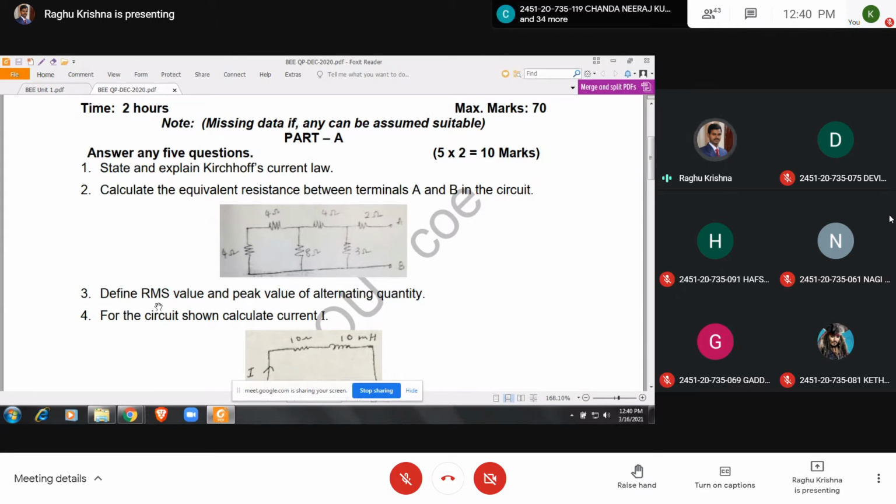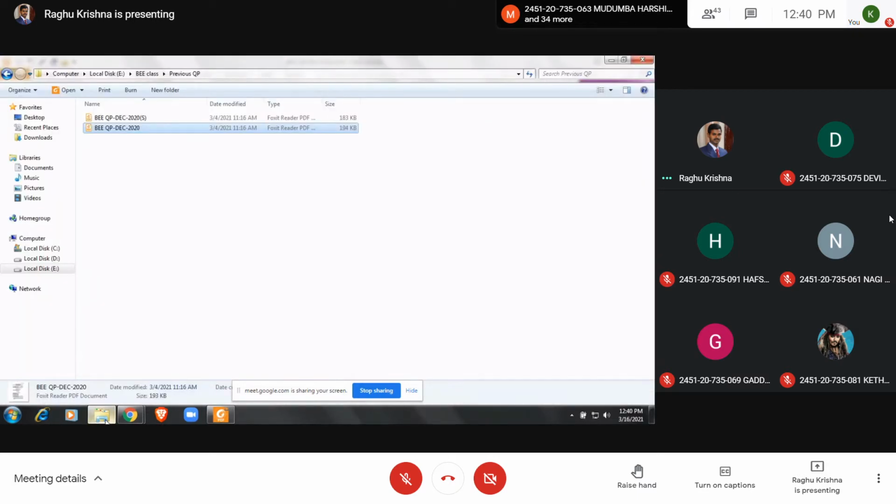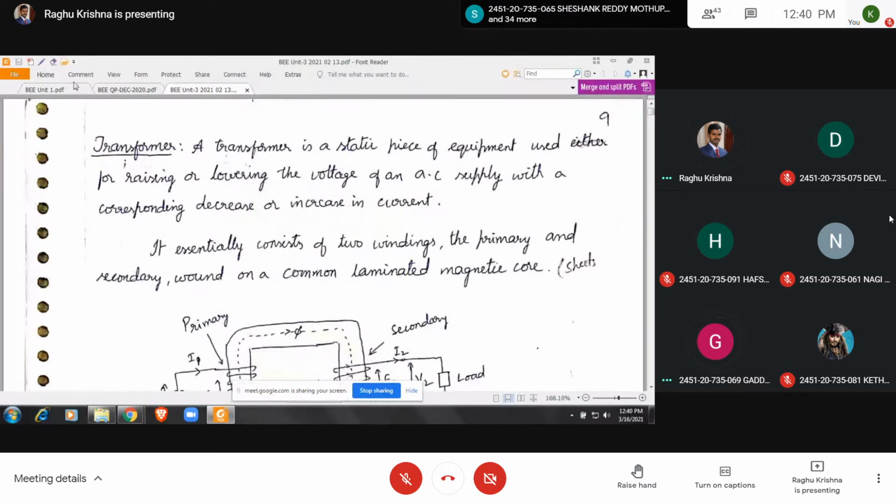Next is the third one. Define RMS value and peak value of alternating quantity. RMS value is equal to 0.707 into peak value.